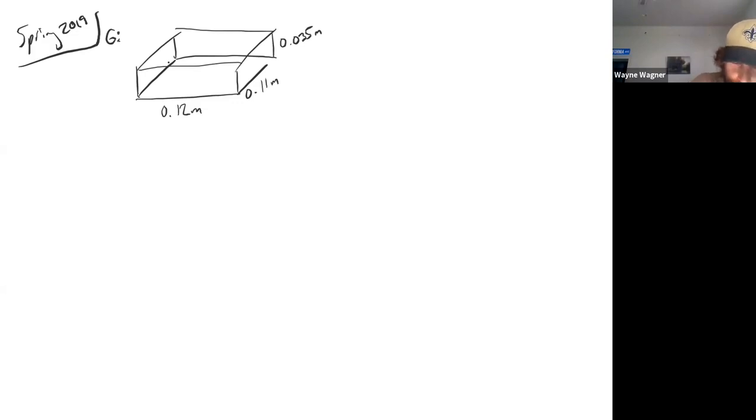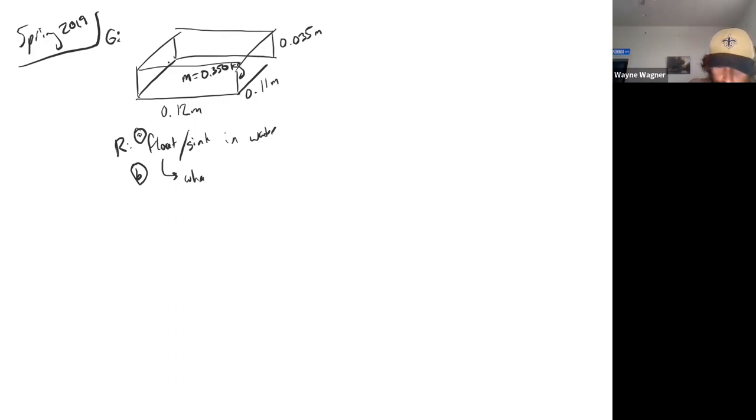Now, this is also one of those problems where we make it a little bit annoying by changing the units on you. 350 grams. Will it float or sink in a tank of water? That's the A part. And then the B part, if it floats, what percentage is sticking out of the water?